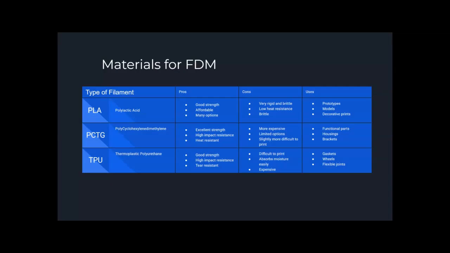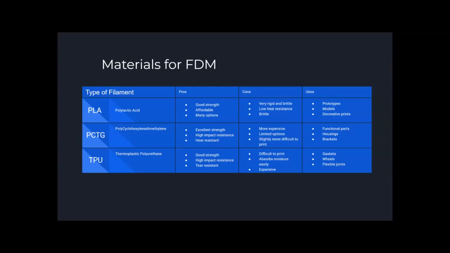PCTG is a little more advanced of a plastic. PET is the same plastic that is in soda bottles, so you already have an idea that it's a shiny, glassy kind of plastic, whereas PLA is more of a matte, rougher plastic.